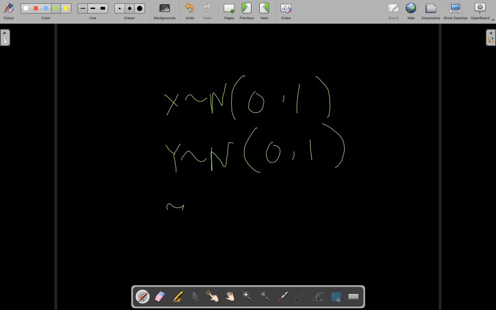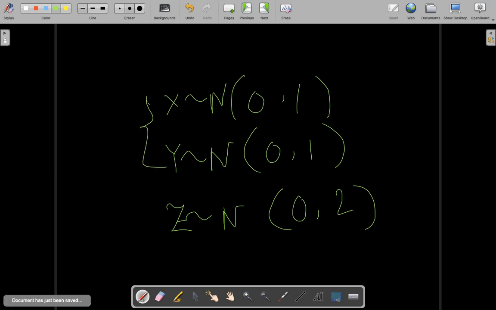Suppose I have another distribution z that has mean 0 and variance 2. In this case x and y are identically distributed, whereas z is not identically distributed because the variance in z is different. So you can think about different combinations, when the means are the same, when the variances are the same. There are many ways of looking at it, but in this video we'll not get into that.